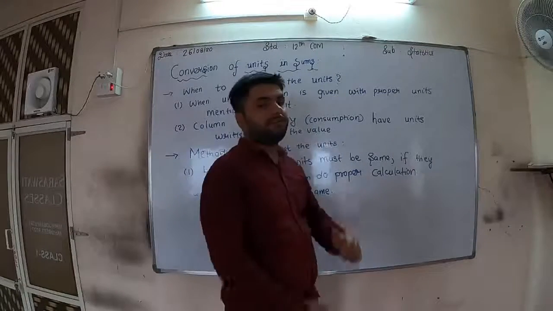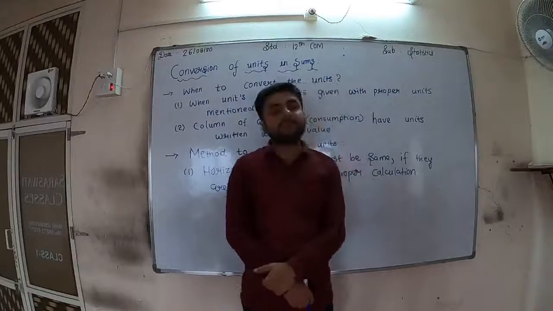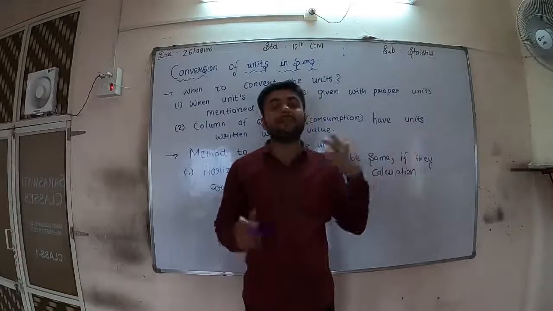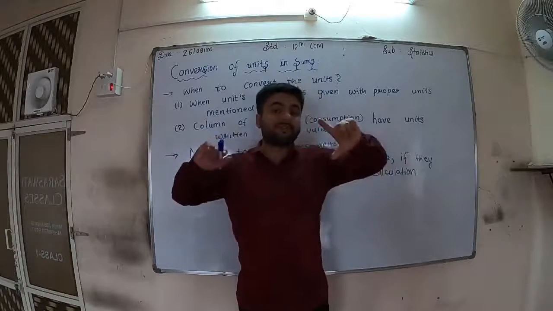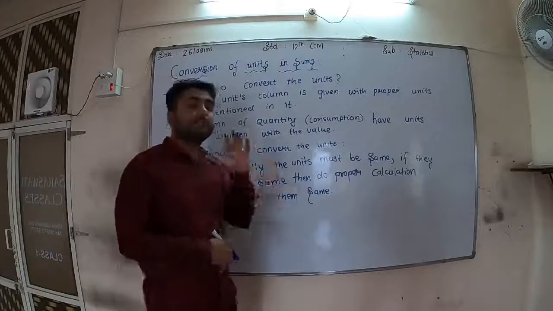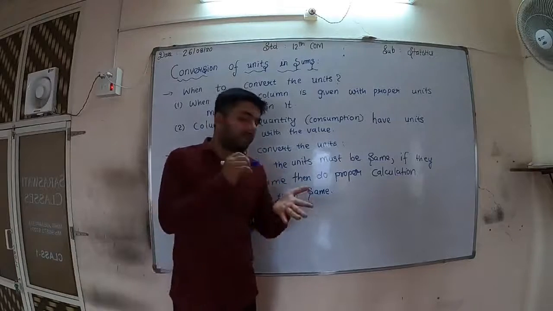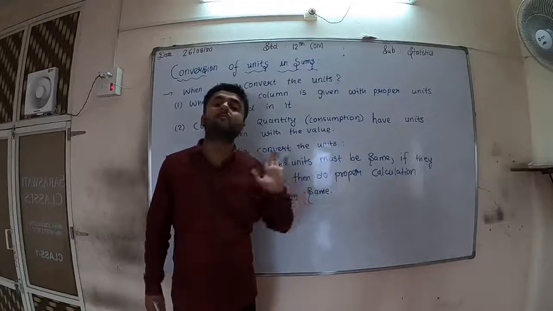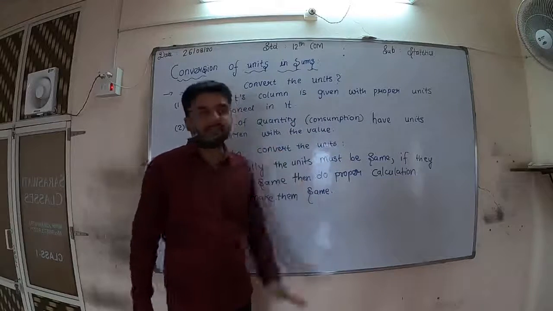Suppose in sum number 4, in the unit 1 kg is given, but in the quantity it is gram, so the units are not same. One is kg and one is gram. Now first and foremost thing is to change it. Either you change kg to gram, or you change gram to kg. This is the simple thing.